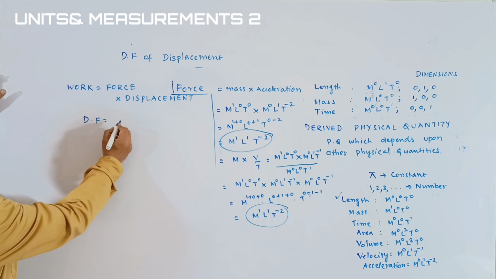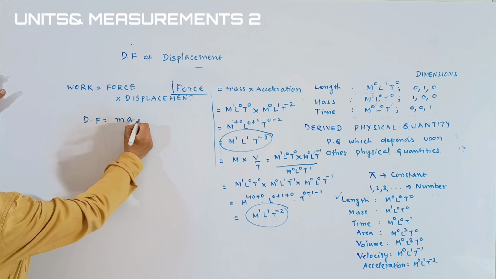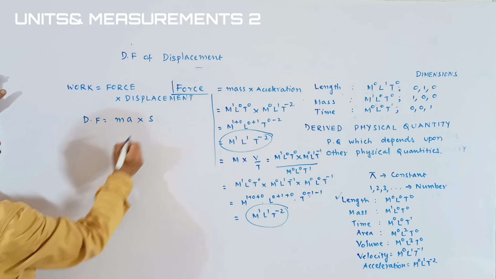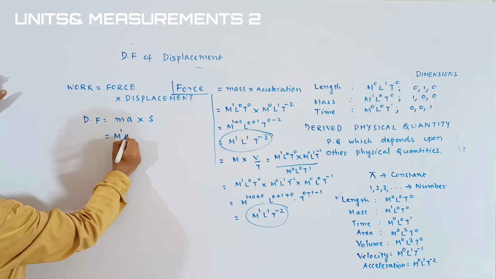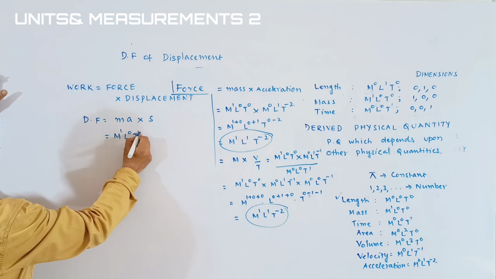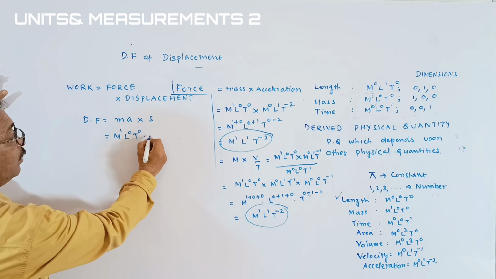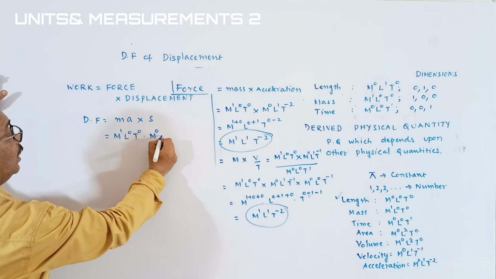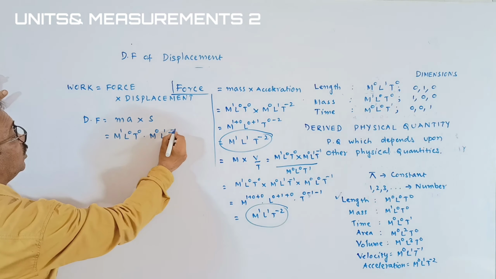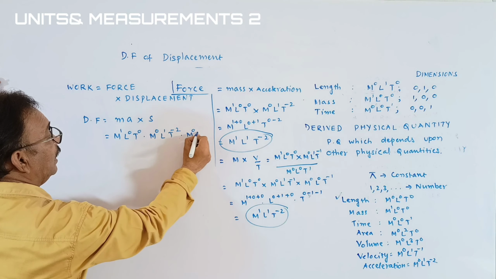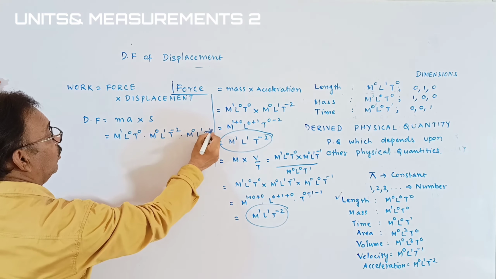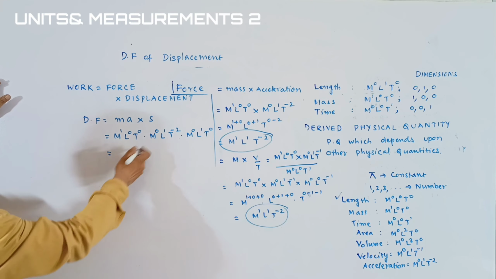Force is mass into acceleration. Displacement means S. For mass I am writing the dimensional formula M1 L0 T0. For acceleration we are borrowing M0 L1 T inverse 2. Displacement is nothing but length. That is M0 L1 T0. We are doing again the same as before.